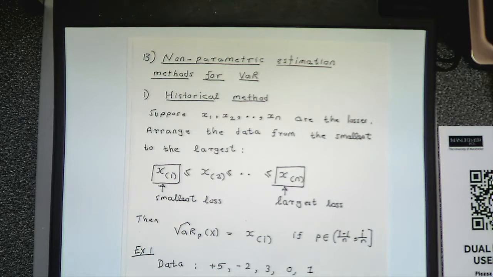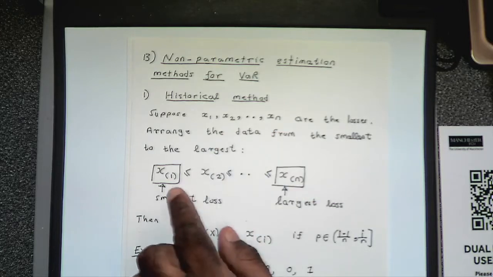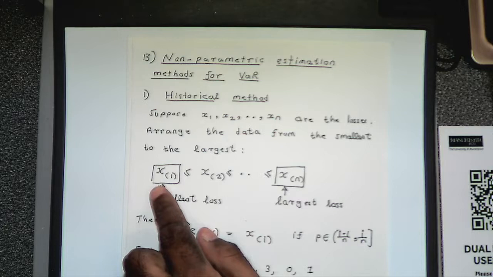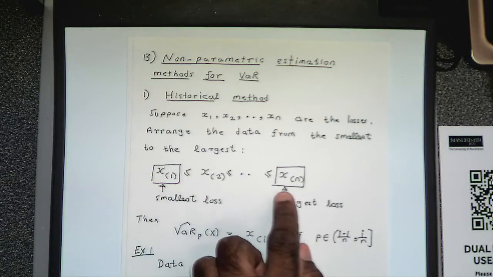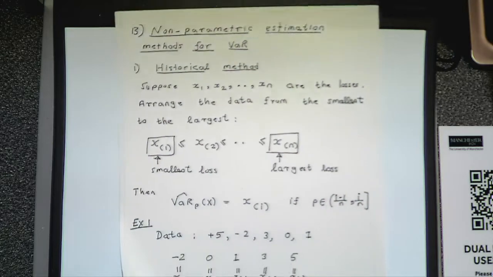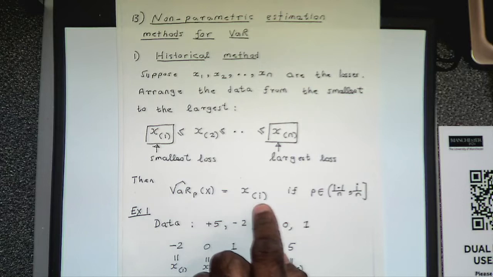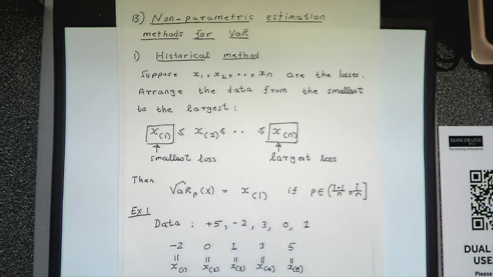Historical method, it's easy. What you do is, suppose these are the losses. The first thing you need to do is to arrange the data. So this is the smallest of the losses, the second smallest, this is the largest of the losses. And then the historical estimator for VaR is the ith smallest if P belongs to this interval.